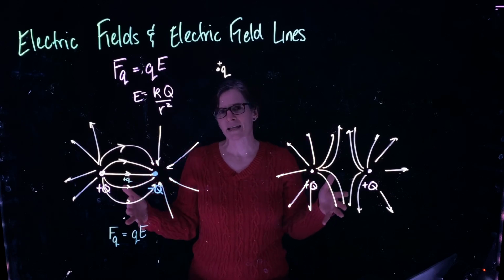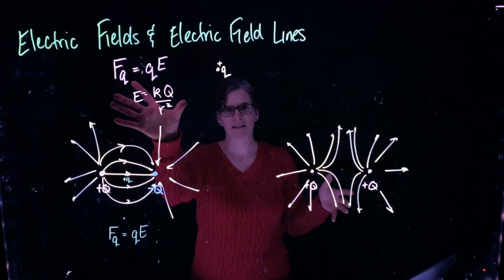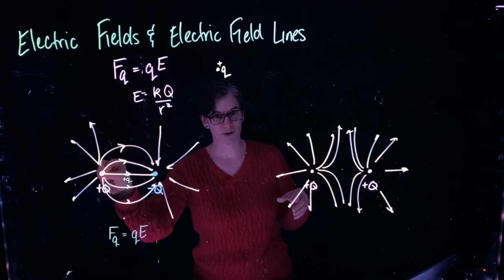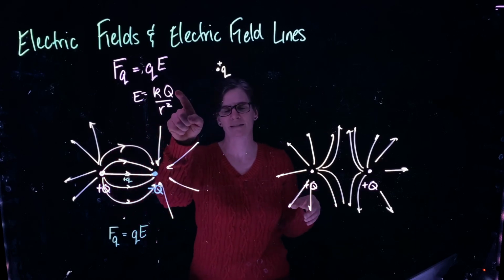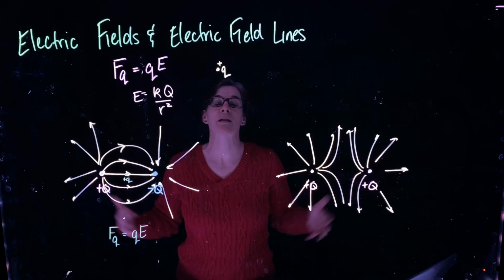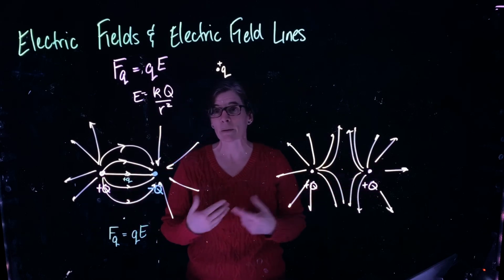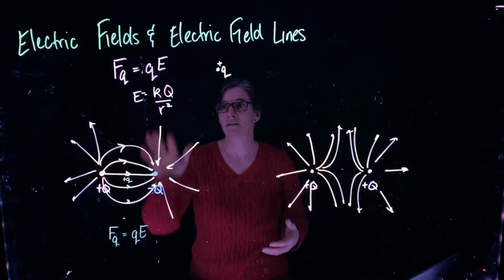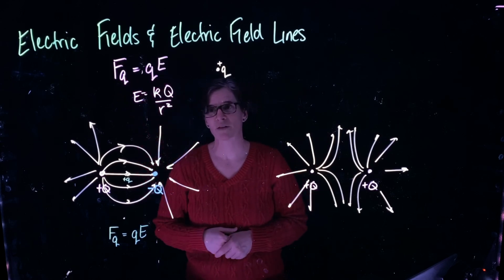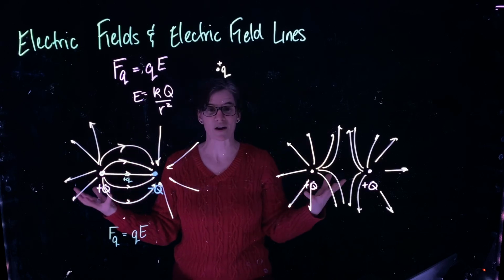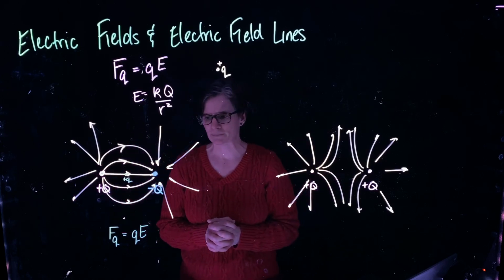So we can represent the electric field mathematically. It has a relationship to both the particle that's influencing the space around it, capital Q, and where relative to that particle we are, R squared. A test particle is going to feel a force from that electric field. So that force is equal to the strength of that test charge times the strength of that electric field.